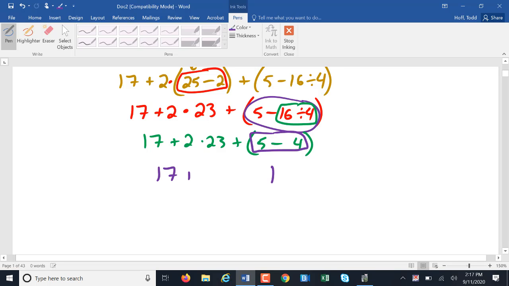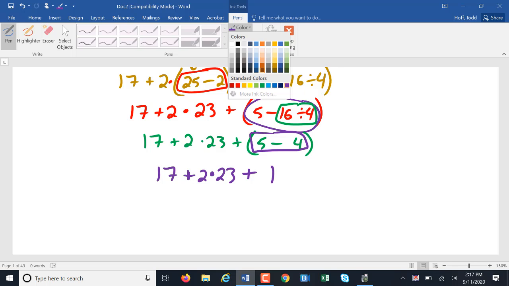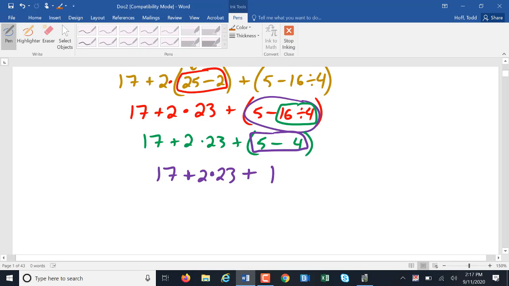Now, again, I've reduced that parentheses to a single number. Do I need to put anything in when I take out the parentheses? No. There's already an operation in front. There's the addition. There are no numbers outside the parentheses that would signal multiplication. So now there's no more enclosing symbols. No more exponents. We need to multiply the 2 times 23, which is 46.